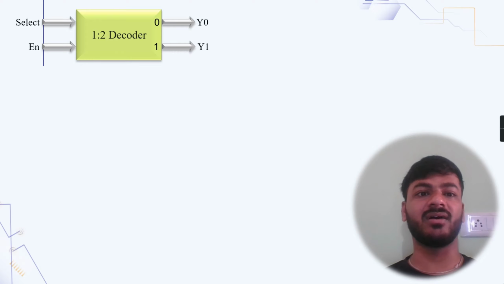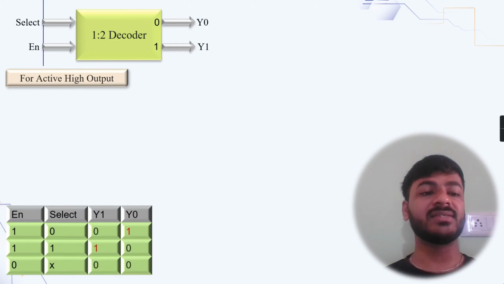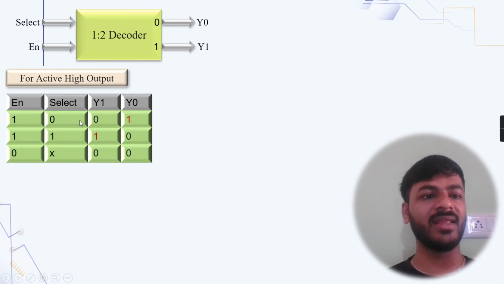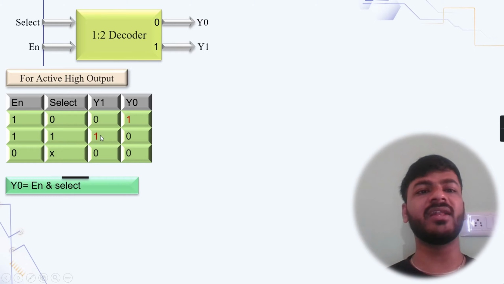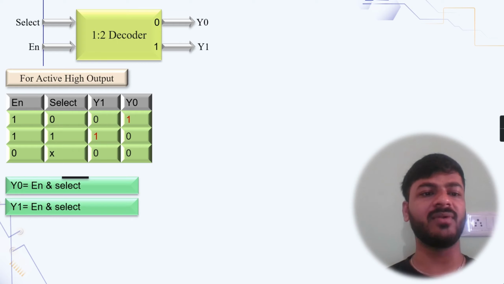If input select is high, then Y1 will be active. You can see the truth table for active high enable. If the input select is 0, then Y0 is high, and if select is 1, then Y1 is high. Okay, based on this truth table, we are having boolean expression for Y0 and Y1.